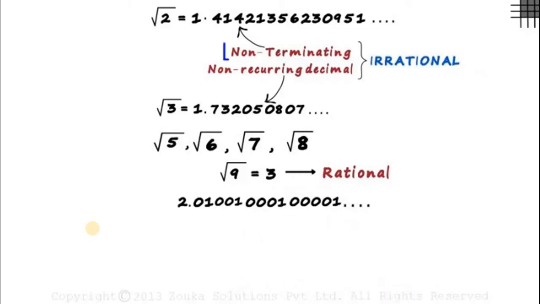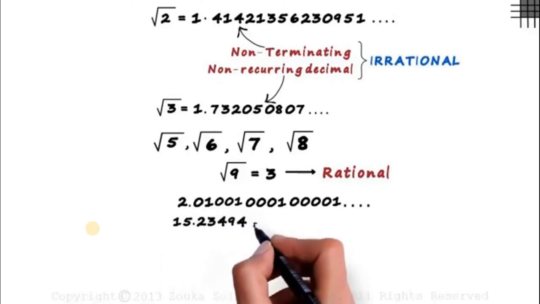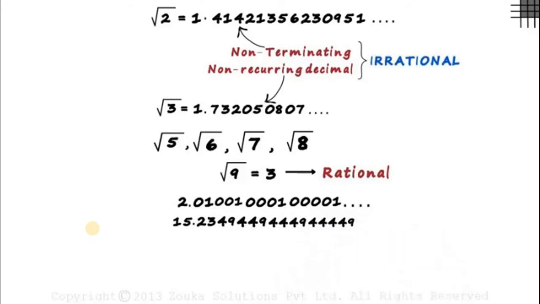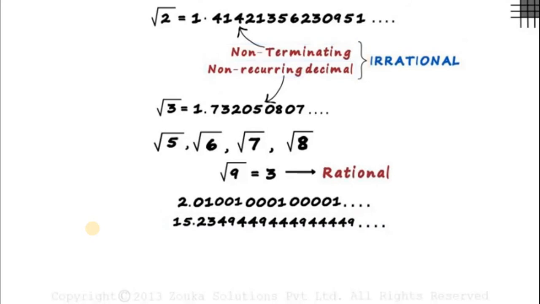Here, the number does not end and it is also non-repeating, with no pattern. This means that there is no pattern that repeats forever. You can even have a number like 15.2349 4449, 4449, and so on. This is also an irrational, non-terminating, non-recurring decimal.